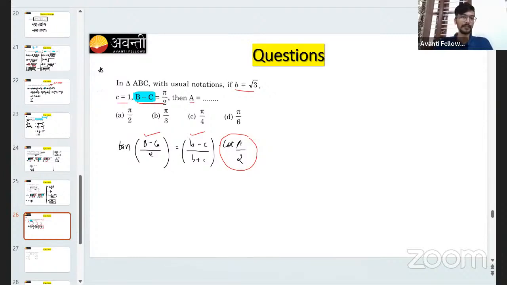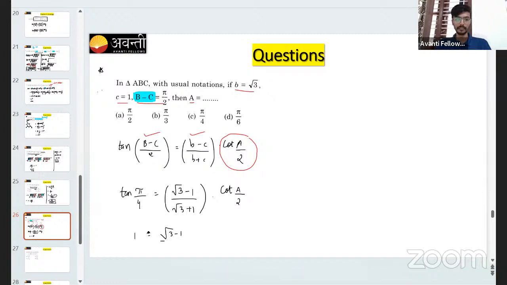B minus C is pi by 2. So (B minus C) by 2 will be pi by 4. Pi by 4 means 45. So we'll get tan pi by 4 is equal to root 3 minus 1 upon root 3 plus 1 into cot A by 2.